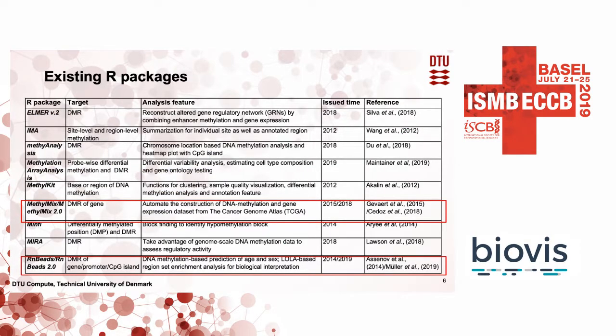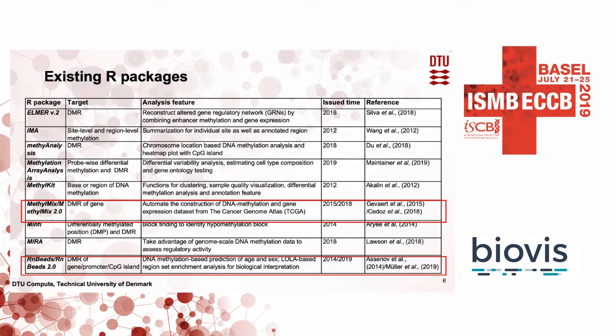Now there are several R packages that can calculate the DNA methylation. They can calculate differentially methylated cytosines or differentially methylated regions. Some can calculate the DMRs of the gene, also the DMR of the promoter or CpG island.